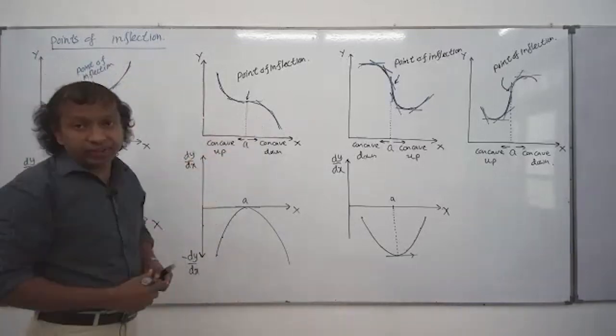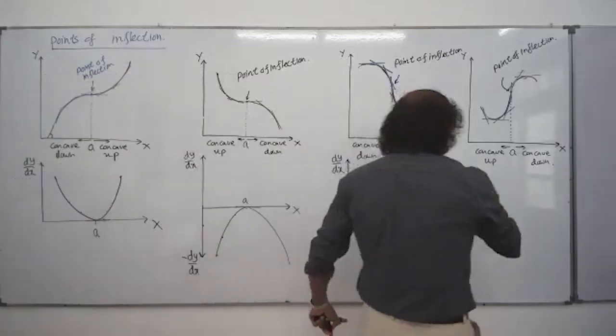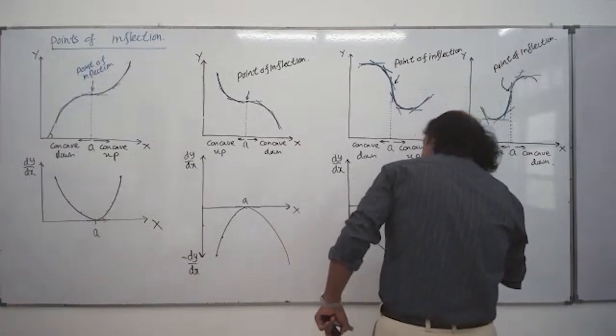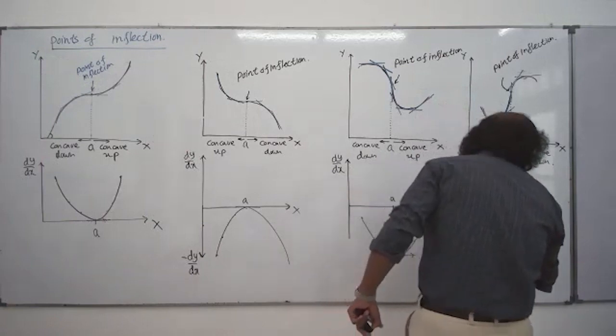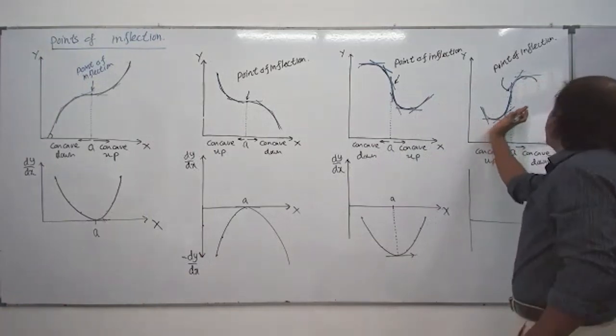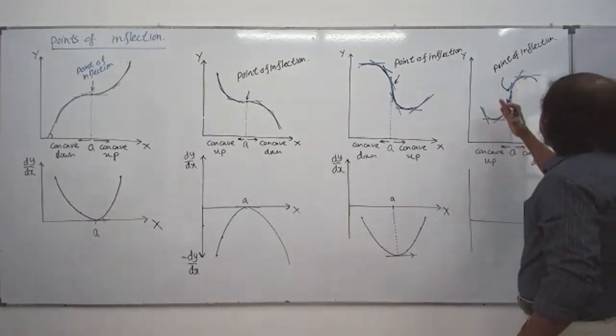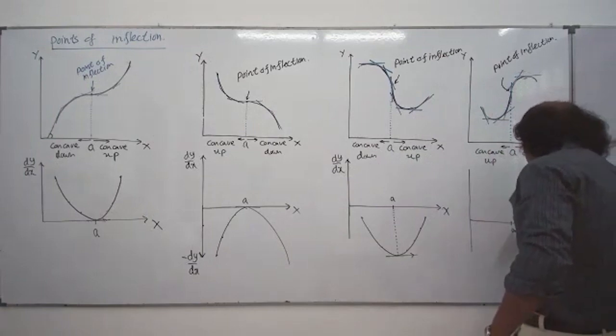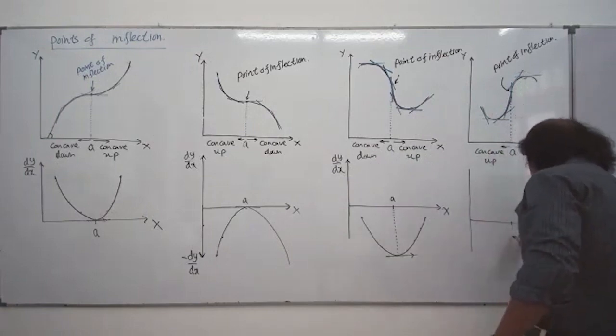There also now I can construct the last one. Right? There what happens? Gradient positive. The angle increasing. Therefore, gradient increasing. We get it like this here. This is the x equals a point.